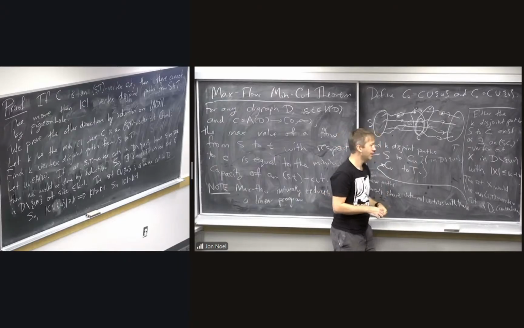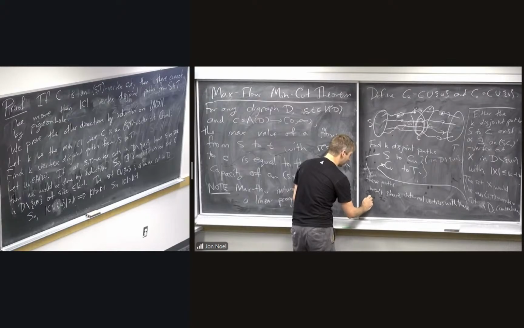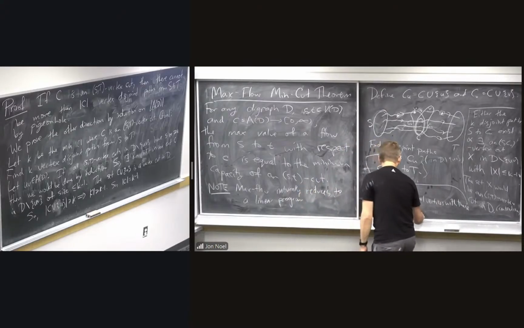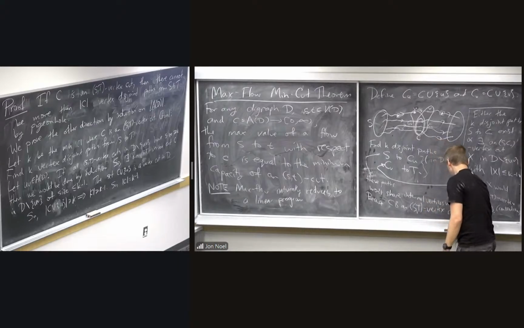So they won't share any internal vertices, because C is an ST vertex cut in D minus UV.